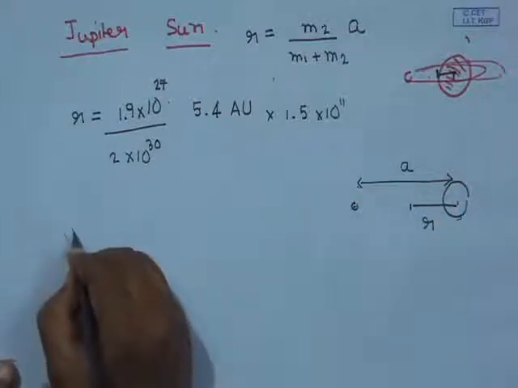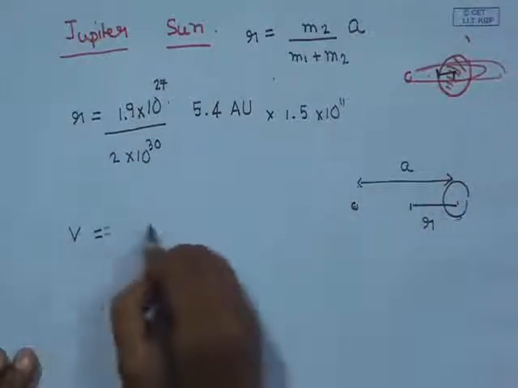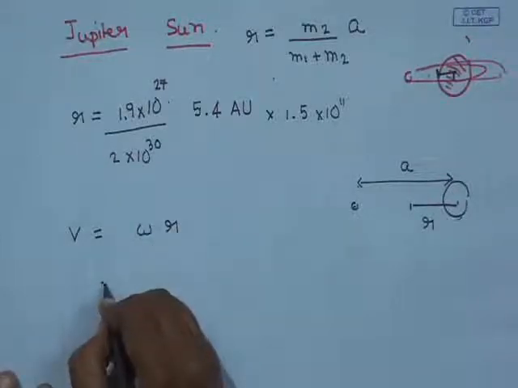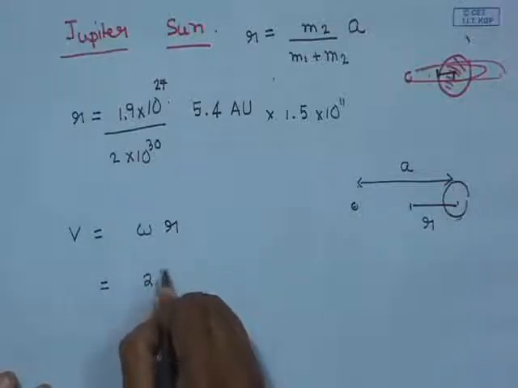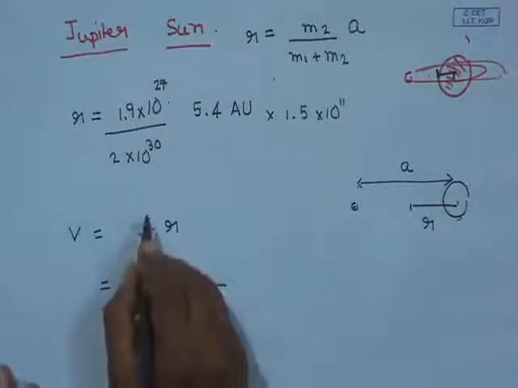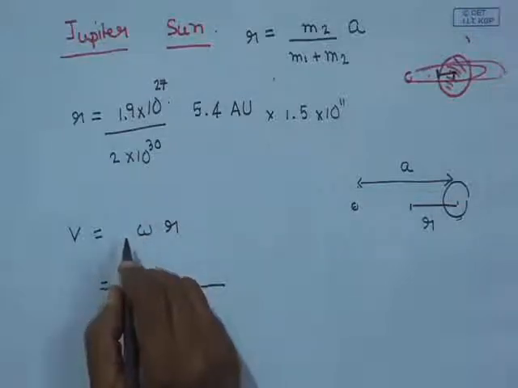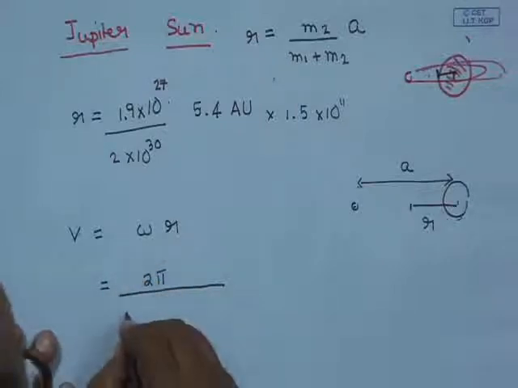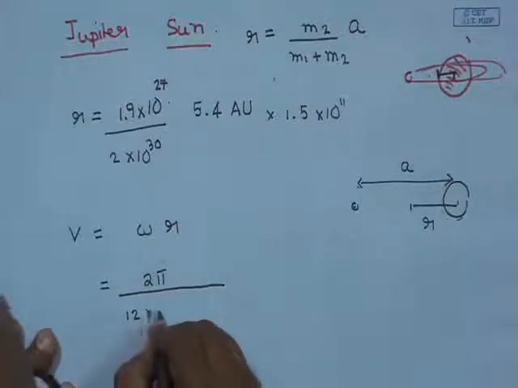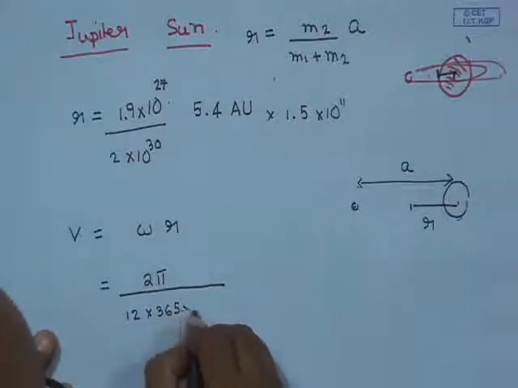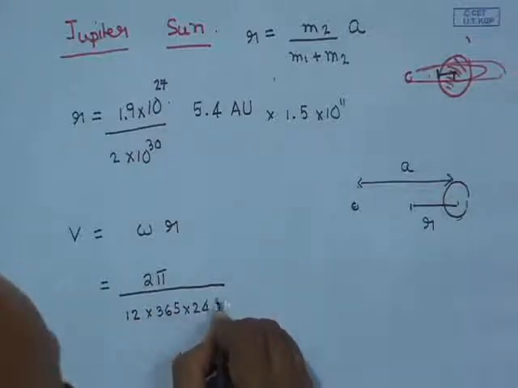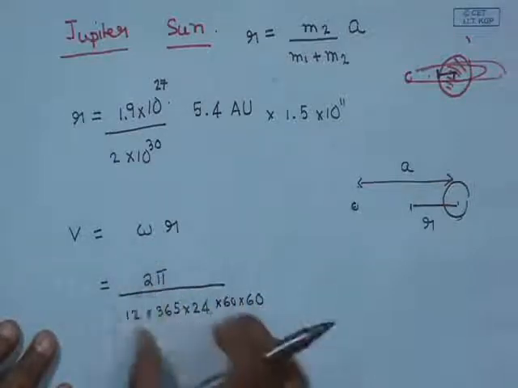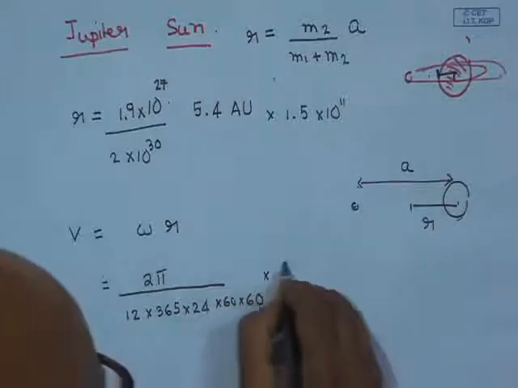What we need is the velocity of the Sun, which is going to be omega into r, and omega is 2 pi divided by the period of Jupiter. We know that Jupiter has a time period of 12 years, let us say. So, it is 12 into 365 into 24 into 60 into 60 seconds. So, omega is 2 pi by the period of Jupiter, times r from here.